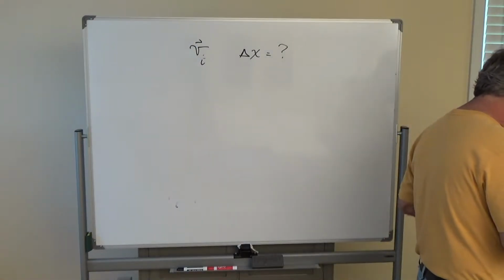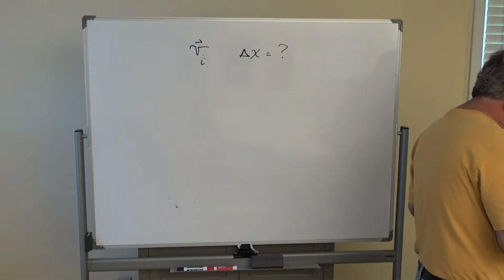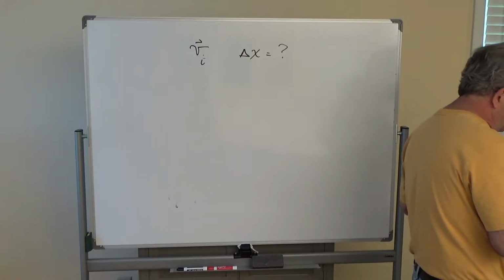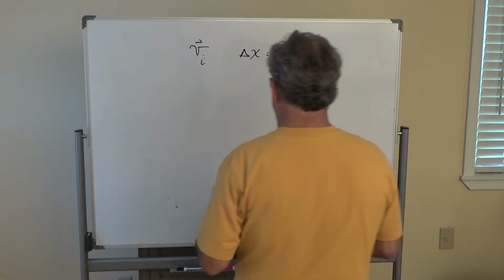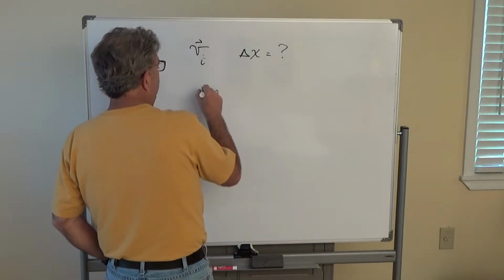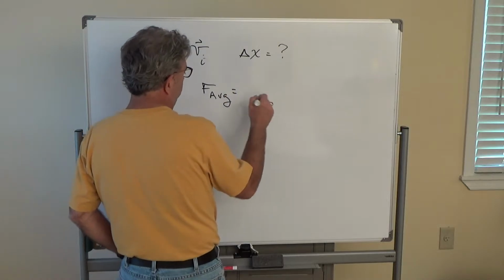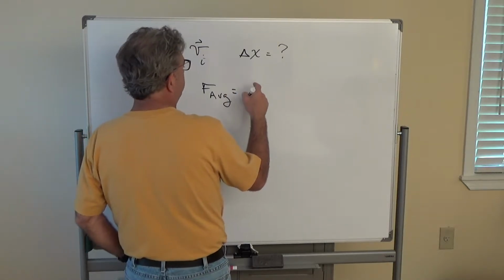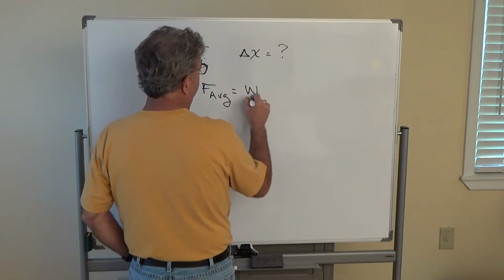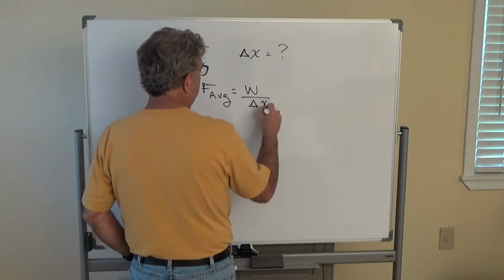You can calculate the acceleration. So what is the magnitude of the average force on the car? You can do that through work. The average force is equal just to the work divided by delta x.